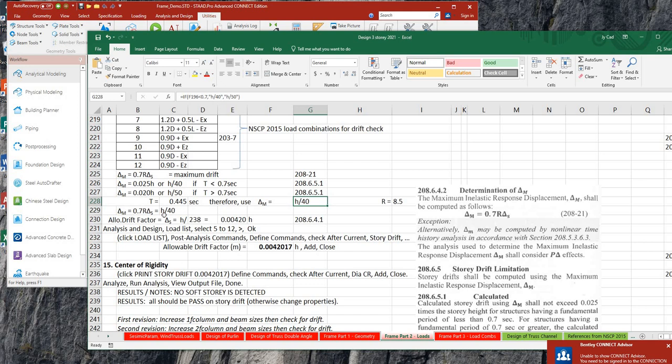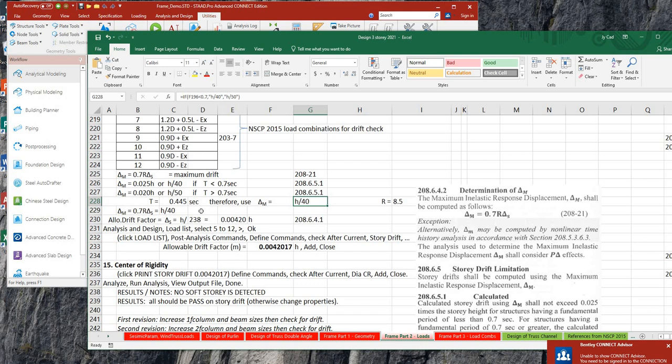Or simply, maximum drift is equal to 0.7 times R times delta S is equal to H over 40. Therefore, our allowable drift, delta S, is equal to H over 40 divided by 0.7 times R. So, we will compute that.